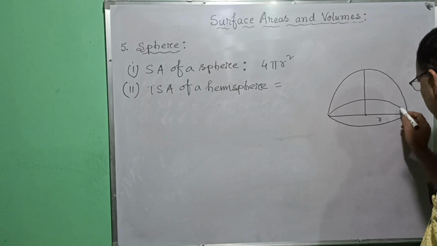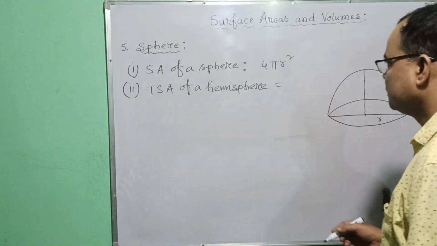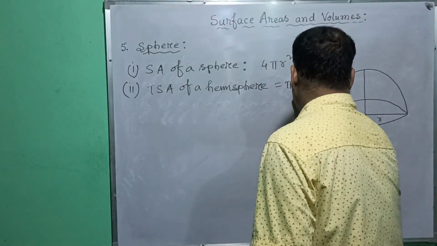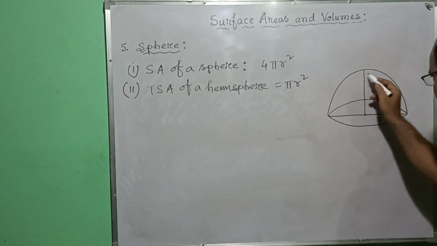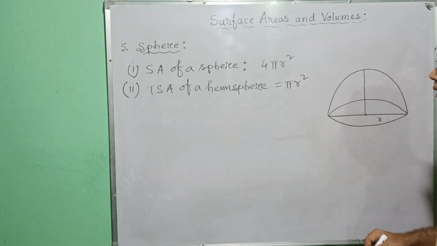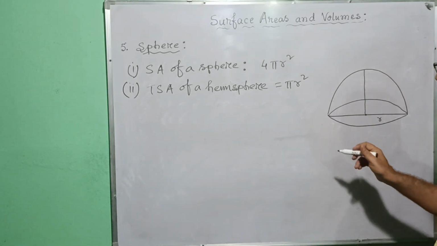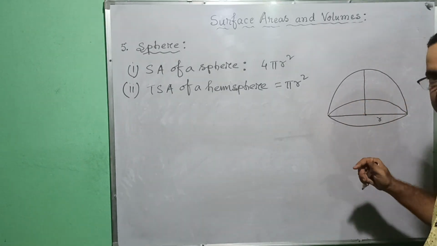Now what is the area of the circular face? Definitely it is pi r square. So we can write here pi r square for this circular part. The curved one is just half of the surface area of a sphere, because it is half of the sphere.